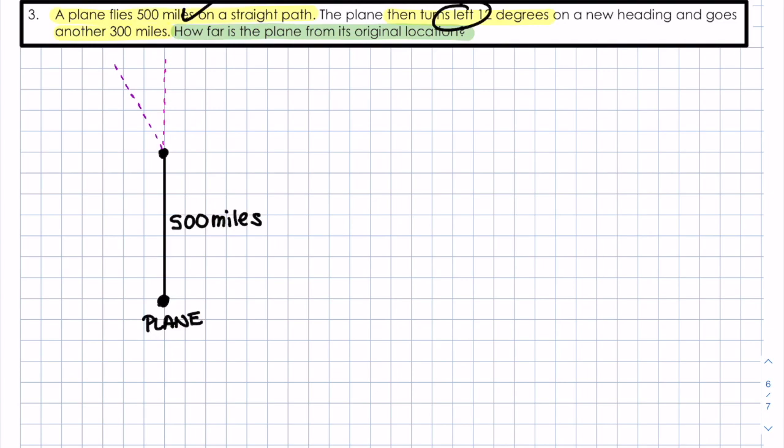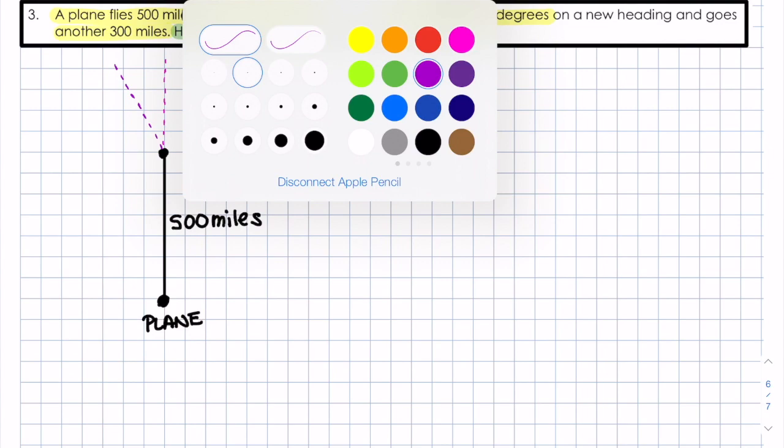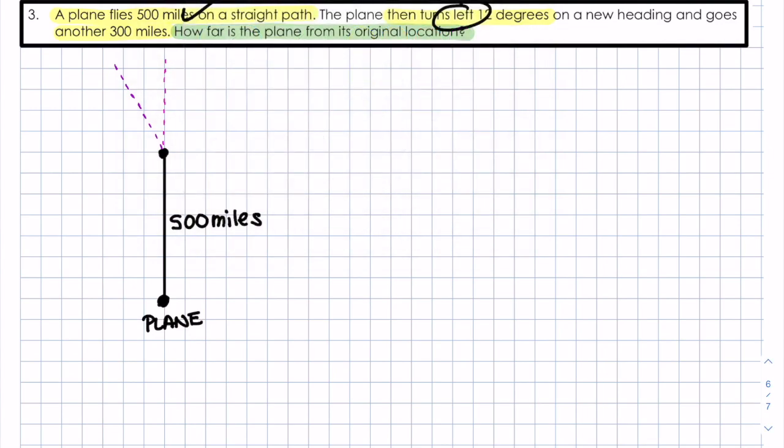So I want you to see that the pink is the path it was headed on and the purple is where it turned. So this is the 12 degrees in here. It turned left 12 degrees.